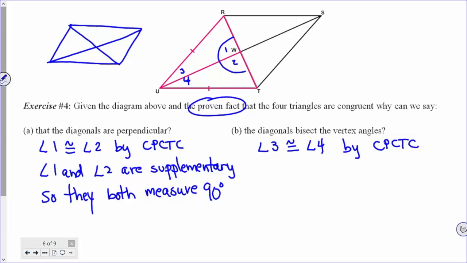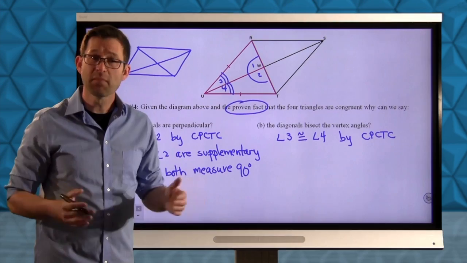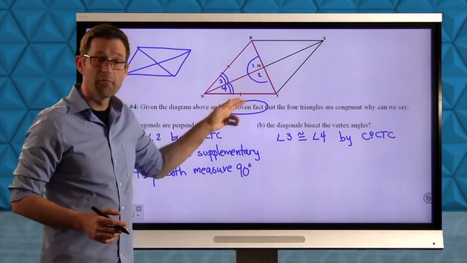Now, even easier, if angle 3 is congruent to angle 4, then by definition, that angle has been bisected. Angle RUT has been bisected by SU.